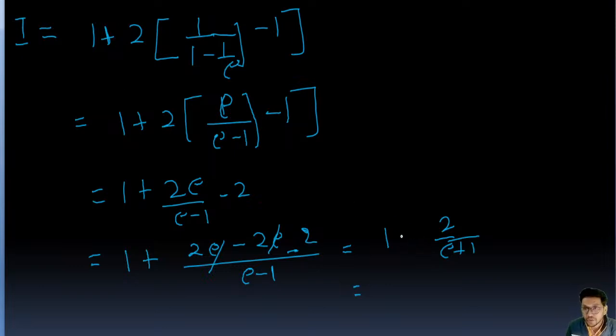This is just a calculation part, guys. It is going to be E plus 1 minus 2 upon E plus 1. So it is going to be E minus 1 upon E plus 1. Okay, this is the answer.